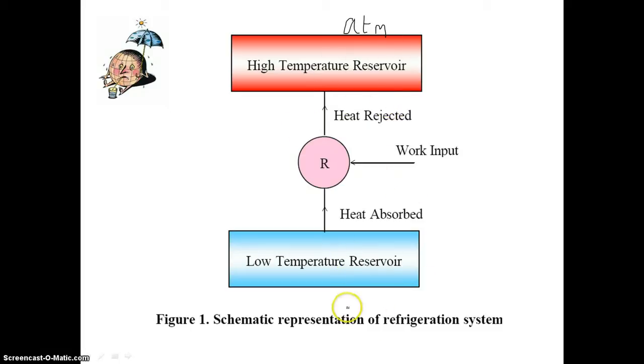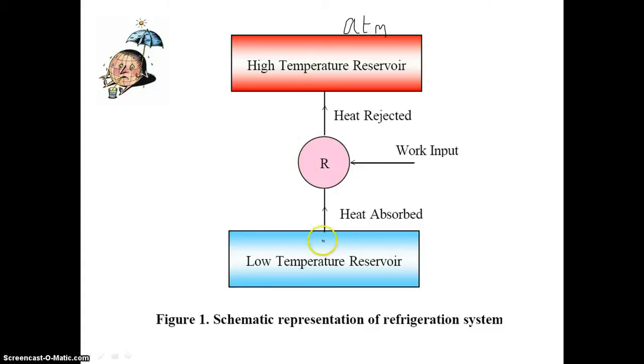According to the second law of thermodynamics Clausius statement, it is not possible to reject or remove heat from a low temperature reservoir to a high temperature reservoir without using an external device. So to transfer heat from low temperature to high temperature, we need an external device. Here it is called refrigerator.